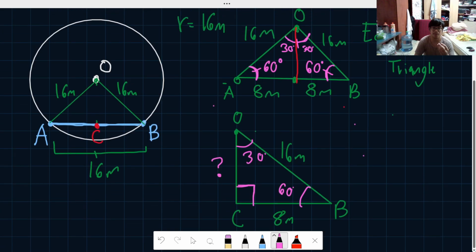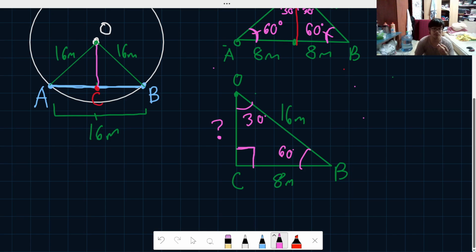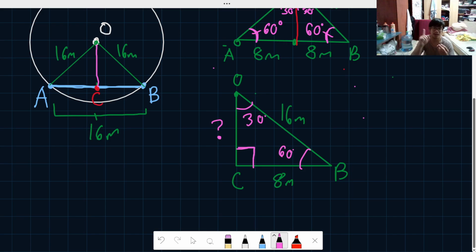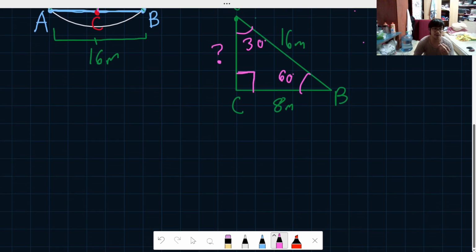Because once we find the measurement of OC, that will be the distance between O and C. So, what are we going to do? Let's start with the first thing that we can use if you want to do it in a simple way, which is the Pythagorean theorem. All right, let's try to use that.